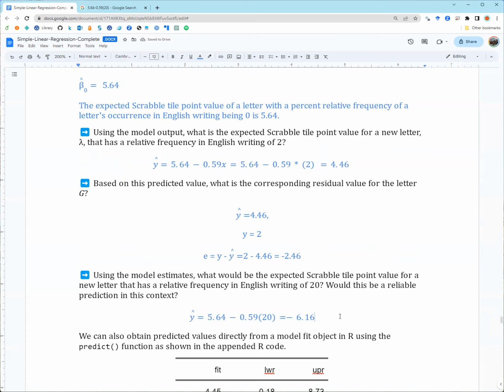That's the expected point value of that new letter. That's problematic, not just because it's a negative number. We know Scrabble tile point values are bounded above 0, so we would not report this as being the number. We have to use our own sensibility to not say negative numbers when it does not make sense in the context. So that is one issue with this predicted value.